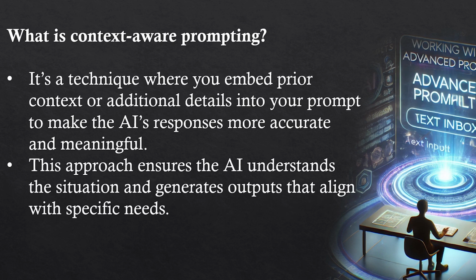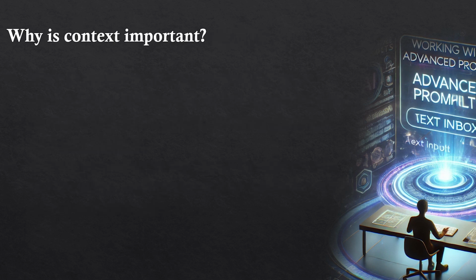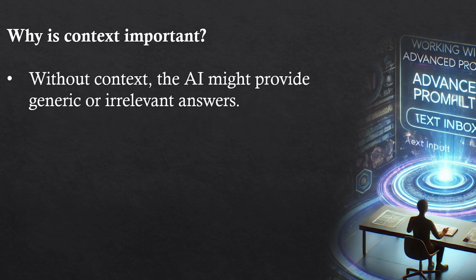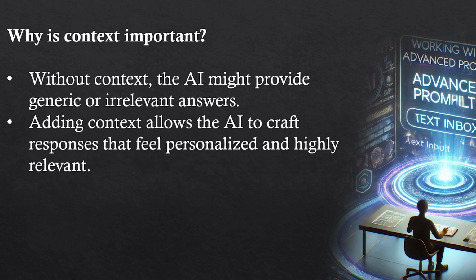This approach ensures the AI understands the situation and generates output that aligns with specific needs. Why is context important? Without context, the AI might provide generic or irrelevant answers. Adding context allows the AI to craft responses that feel personalized and highly relevant.